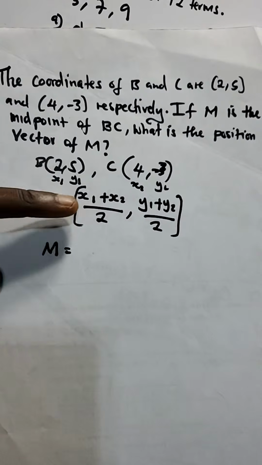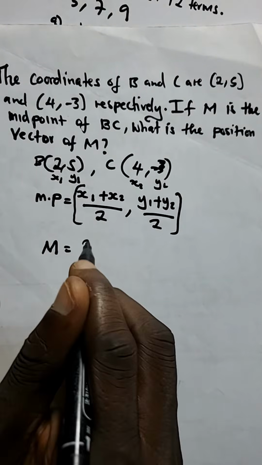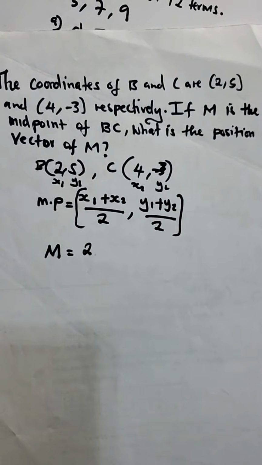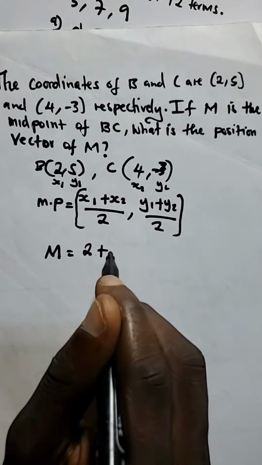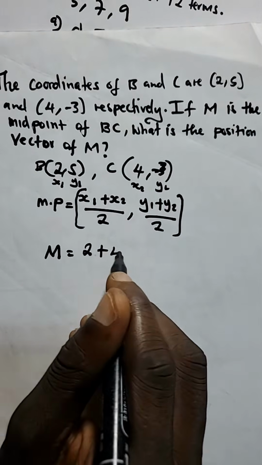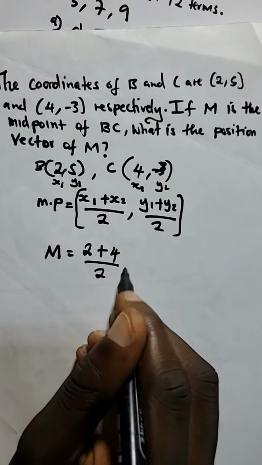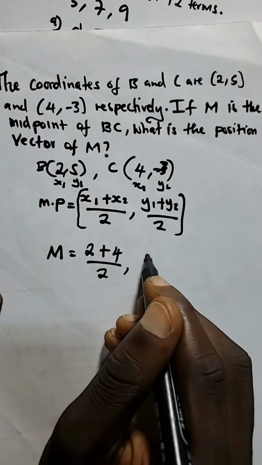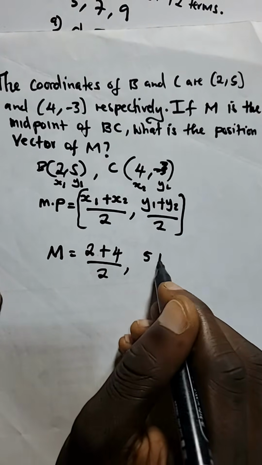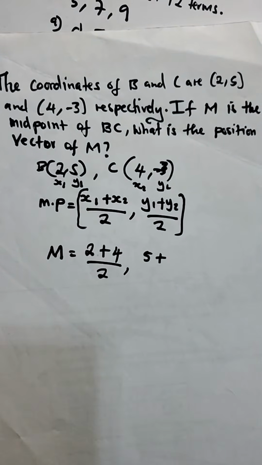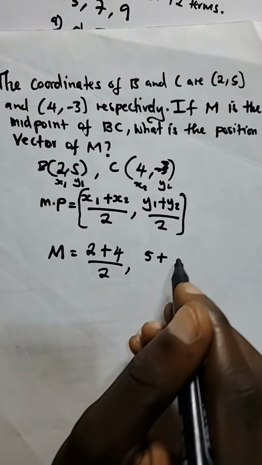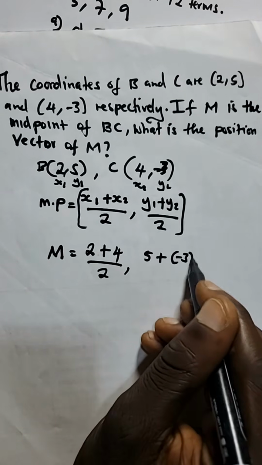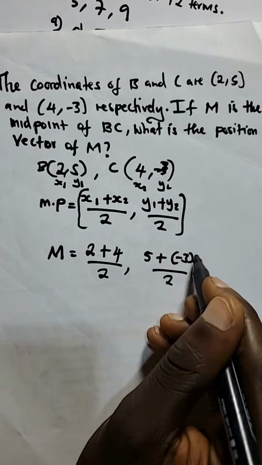What is x1? x1 is 2, plus what is x2? x2 is 4, over 2, comma, y1 is 5 plus y2, which is -3, so we say -3 over 2.